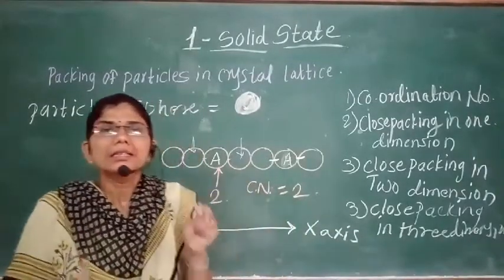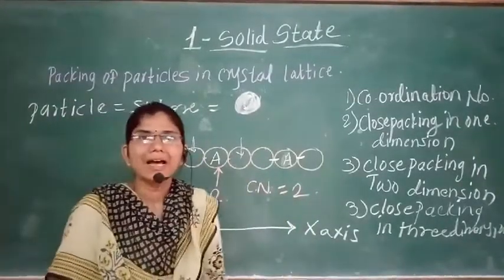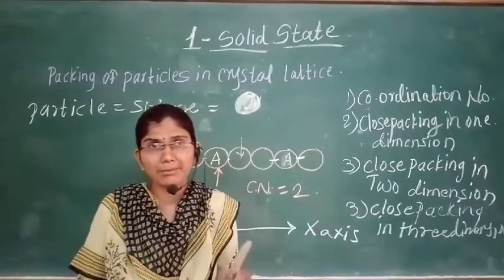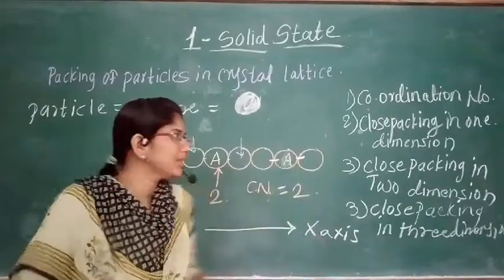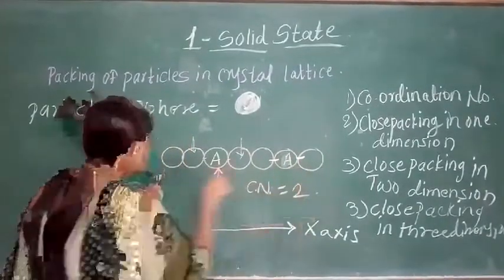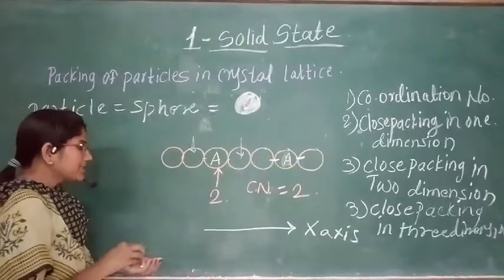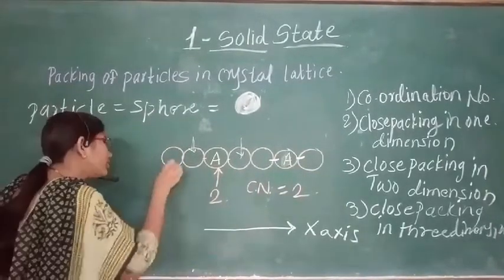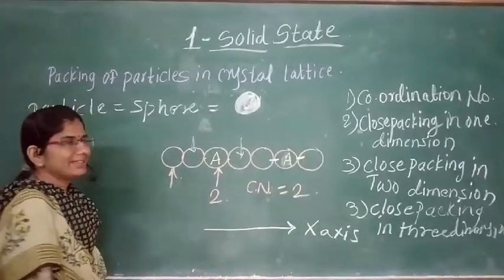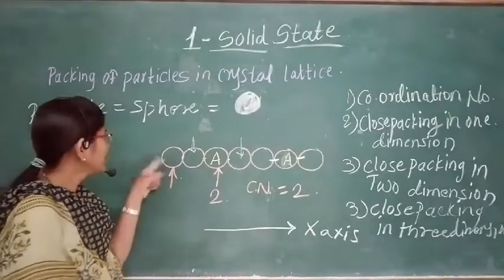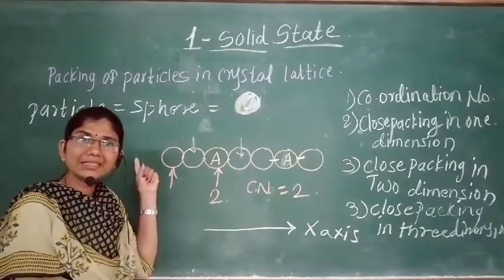That means in the one dimensional structure, always remember, except the end spheres, these two spheres, one at each end, what is the coordination number of this end sphere A? The coordination number is only 1, because there is no other sphere present on the other side.